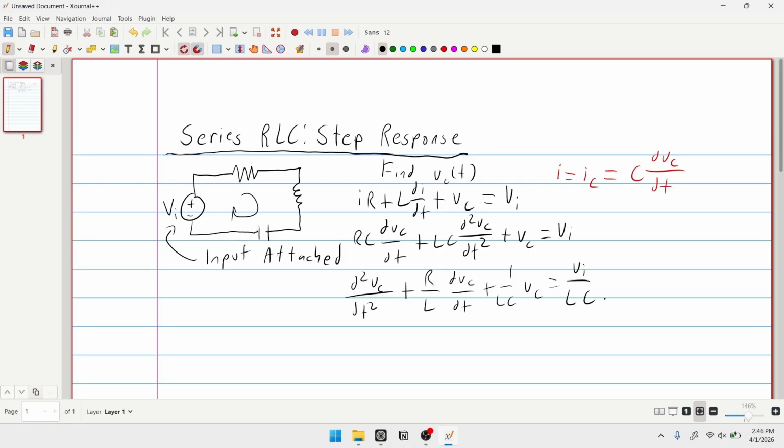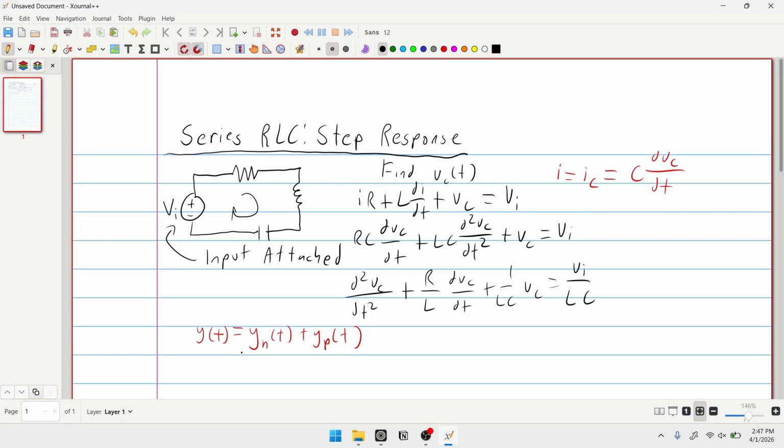And if we remember from diffy Q, the solution to a differential equation, y of t, equals the homogeneous solution plus the particular solution.